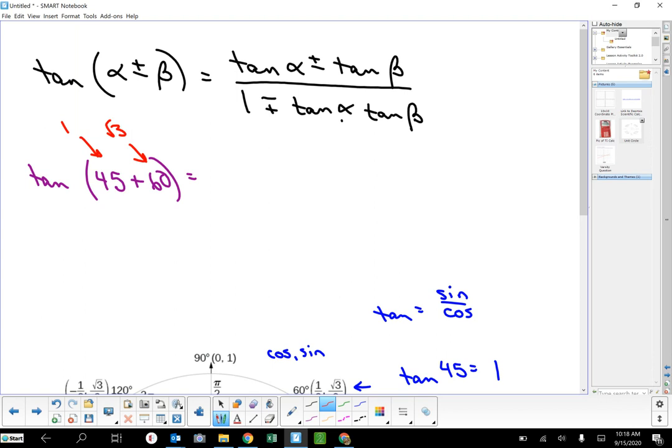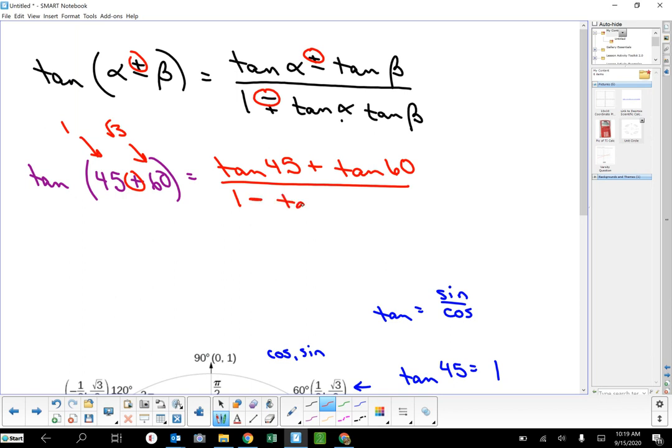Should have brought something to drink while I made this video. All right, so let's expand it first. We're going to have tangent of 45, and we have a plus here, so we're going to use the plus, tangent of 60 over 1. Now the bottom one is going to be a minus tangent of 45 times tangent of 60. All right, so let's plug stuff in and see what we get.